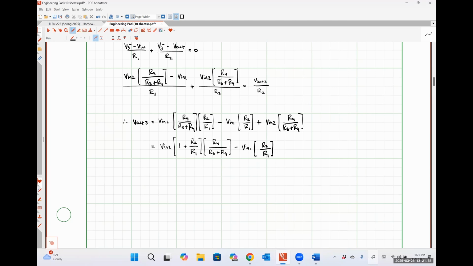So I have a result here that gives me V out in terms of Vn1, Vn2, and the resistors that we used.